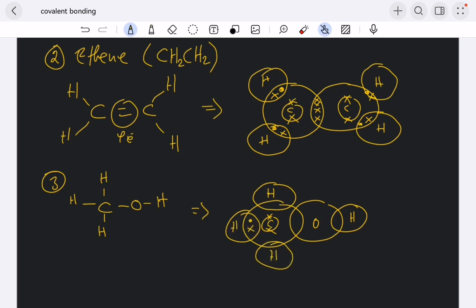So 1, 2, 1, 2, 1, 2, obviously there 1, 2, 1, 2. And for oxygen to be stable, obviously I have to put those lone pairs.